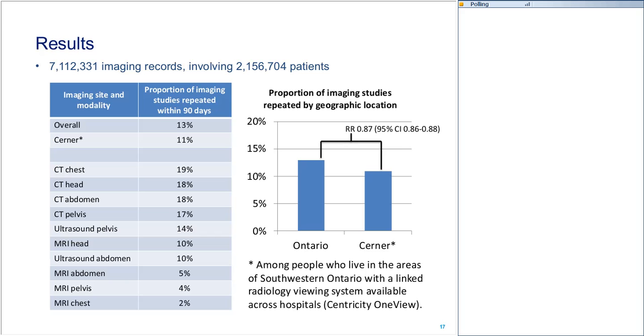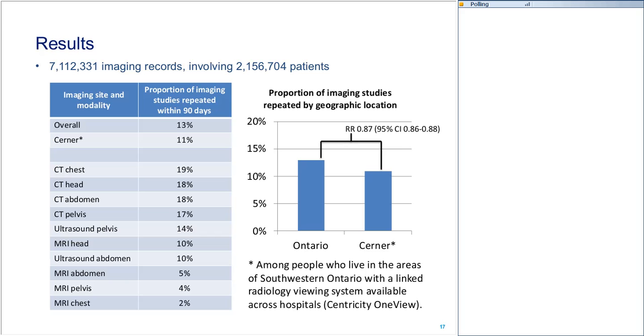So we thought that having this linked system would potentially decrease the amount of repeats, since it would allow physicians to see images that were done at other centers. And as you'll see, it was a 13% relative reduction compared to the rest of Ontario. So we're seeing that 13% in the rest of Ontario repeated, whereas within this Cerner network, as we're calling it, it was only 11%.